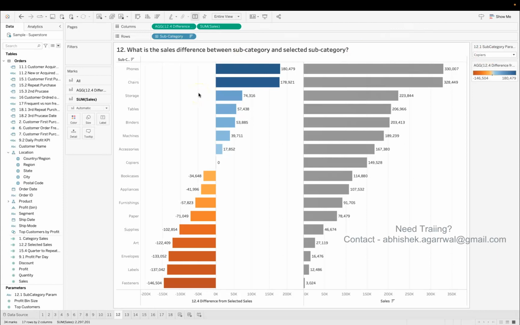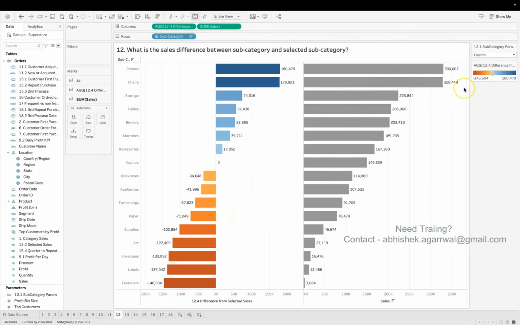Well, if you are not, then you can find this workbook for question number 12, which is over here, and all my calculations will be related to 12 only for this particular sheet, like 12.1 or 12.4 and stuff like that. It depends on the dependency, I had to create 4 different calculations to really come to this level.